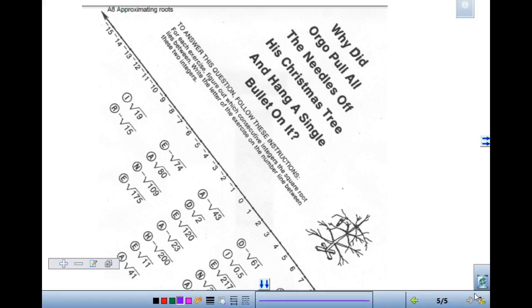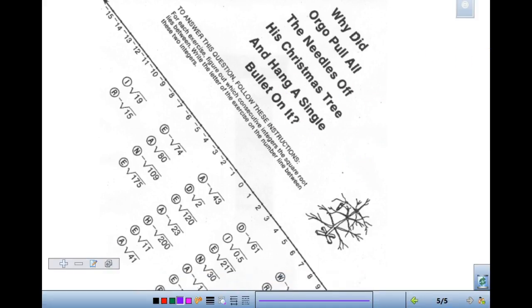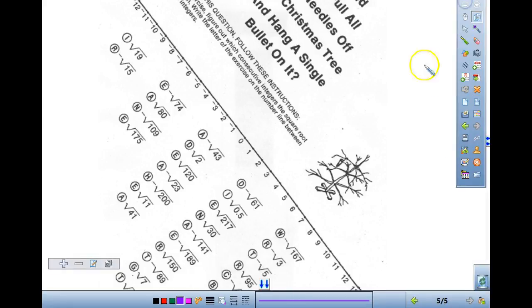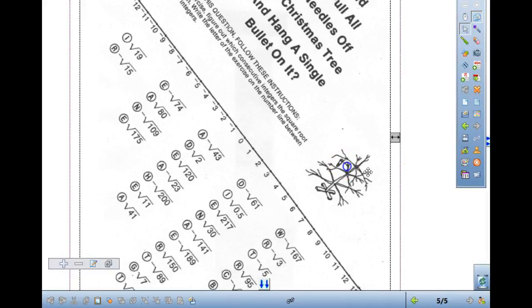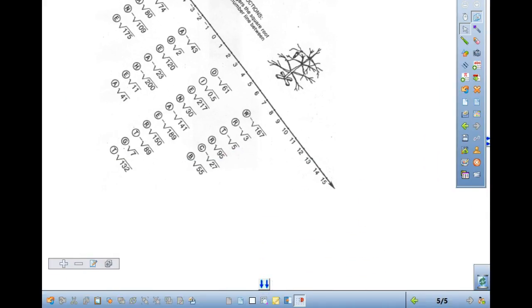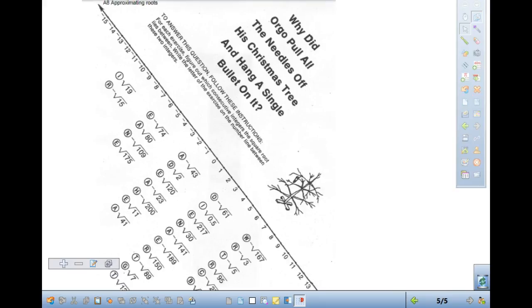So, your homework, if you look, is this page. And so when I look at this page, so yes, you will get the joke, I hope.